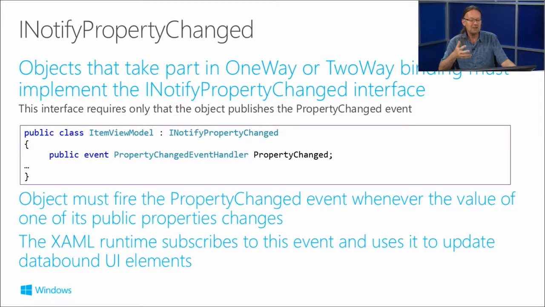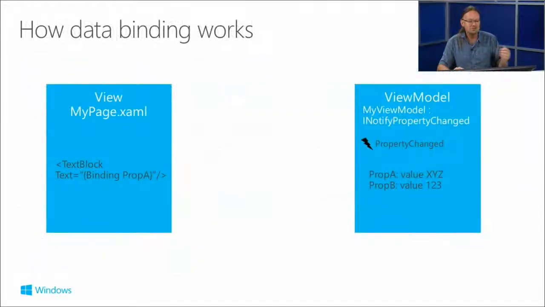That behavior is encapsulated in this interface called INotifyPropertyChanged. That interface simply says any class that implements this must have a PropertyChanged event. The view actually subscribes to that event and gets notified, and whenever that event fires, it will go off to the view model and find out what has changed.